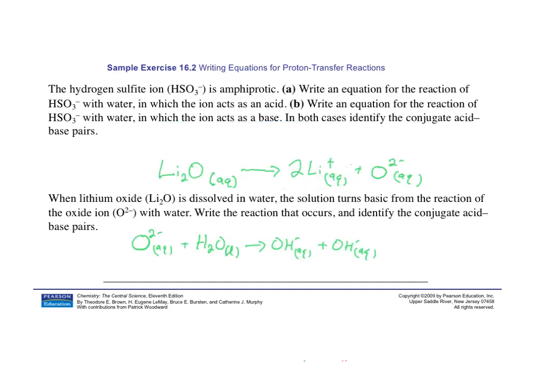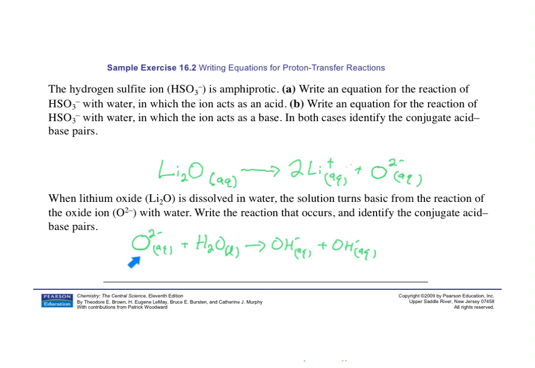In the second problem, the first thing that we need to consider is the lithium oxide. Recall, all lithium salts are completely soluble in water. So they're going to completely dissociate into lithium cations and oxide anions. This oxide anion is where we get our acid-base reaction from.